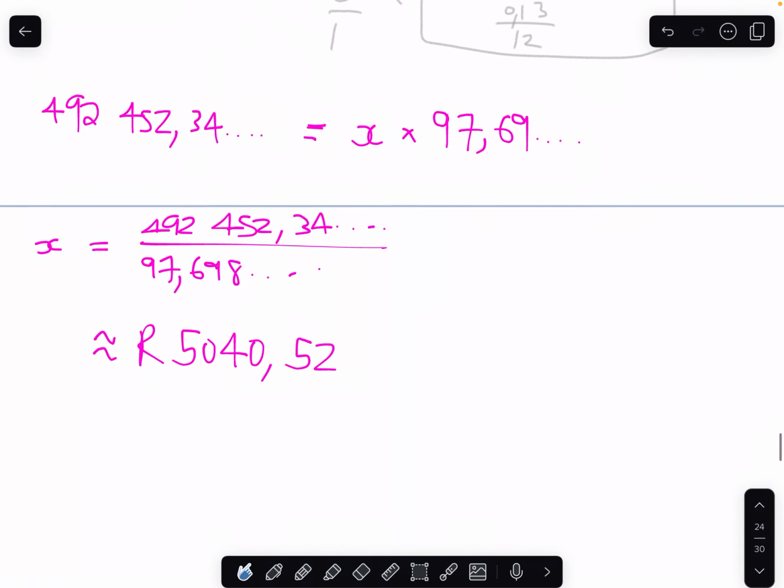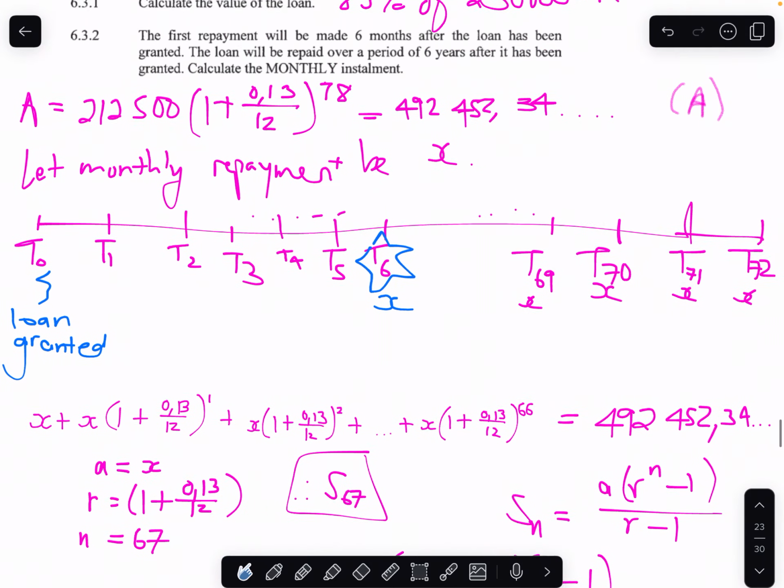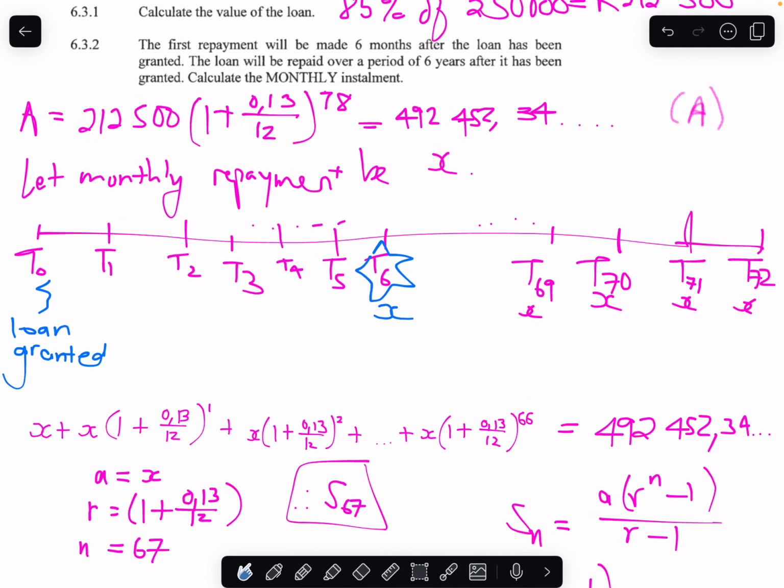They have a different answer to me, so let me try and see. These things, the interpretation is so important.